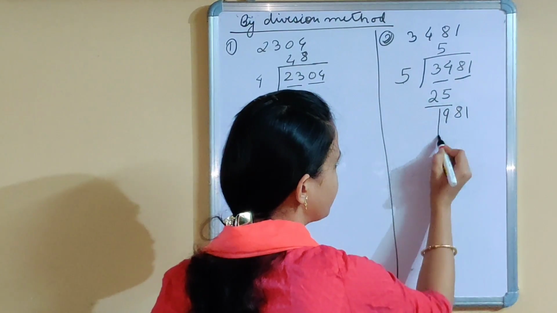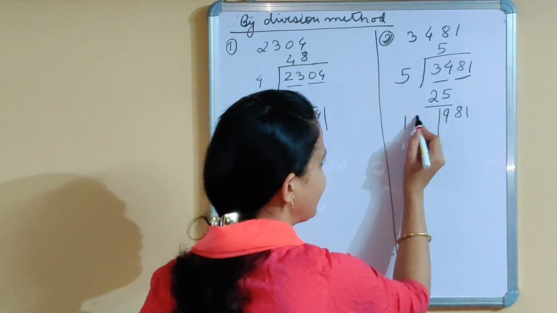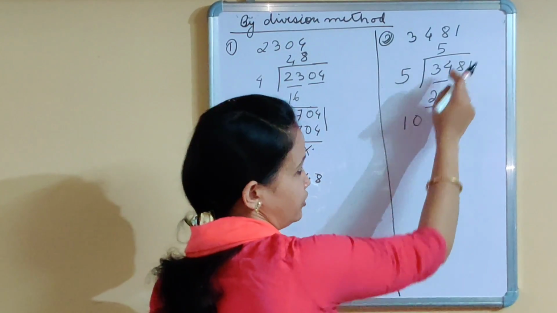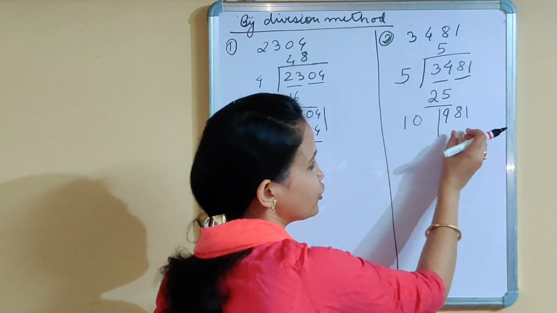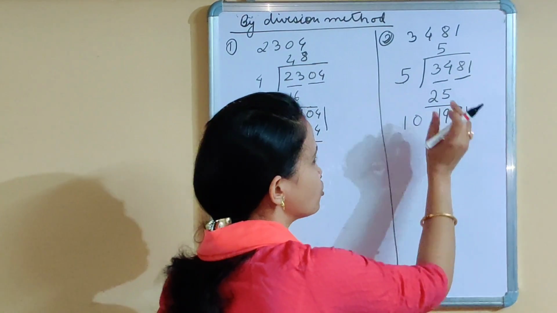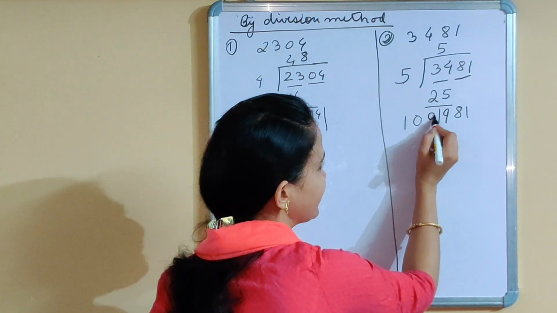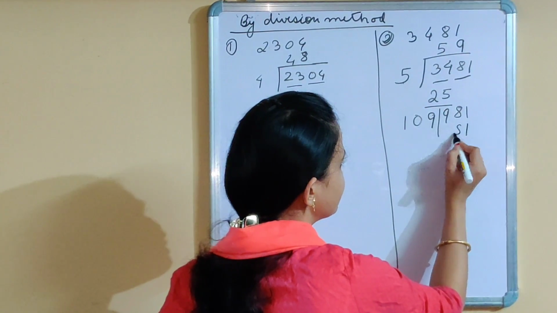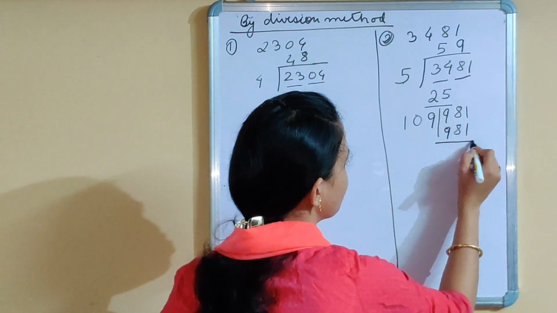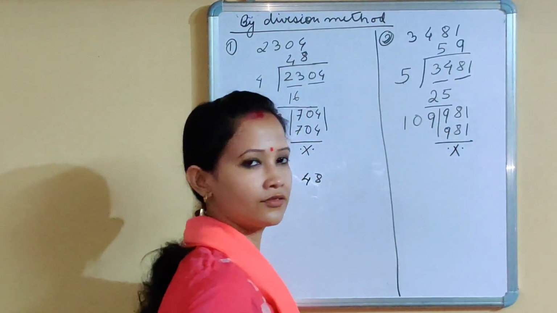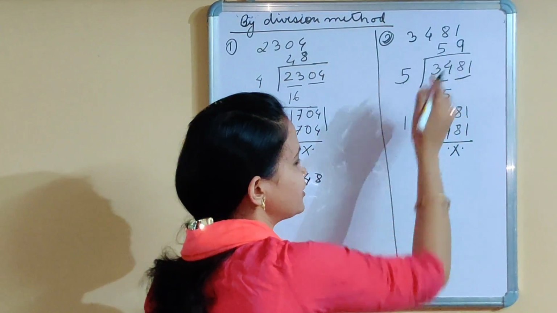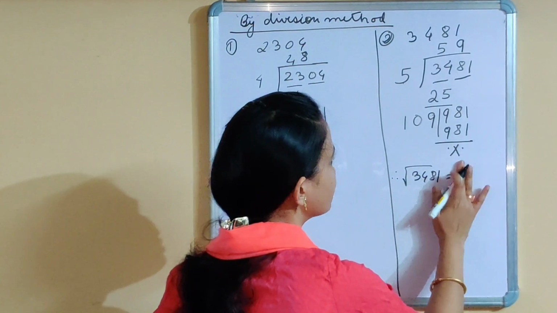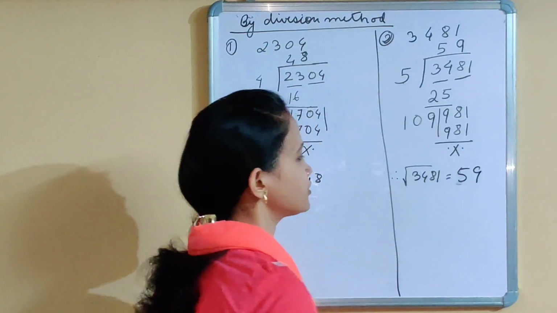Now double of 5 is 10. Now I have to give such a number here that when I multiply it, it should be less than or equal to 981. So let me give that number as 9. Here also I give 9. 109 into 9 is 981. So the square root of 3481 is 59. Sorry, it is 59.